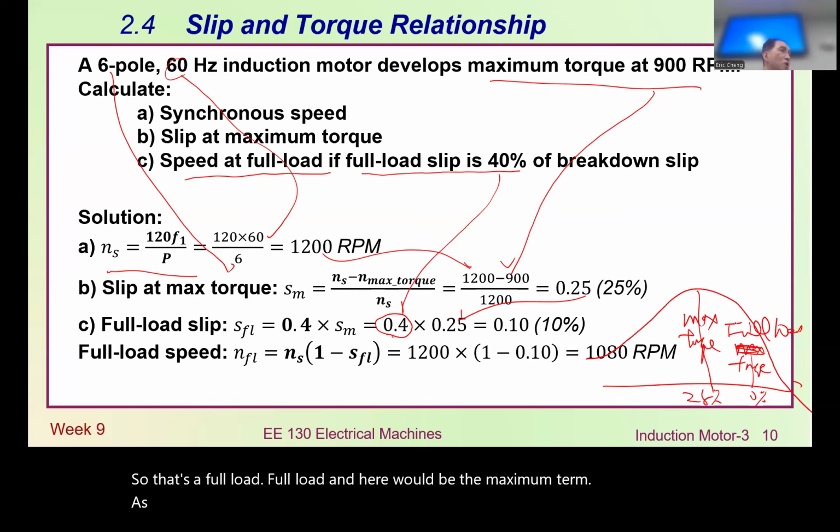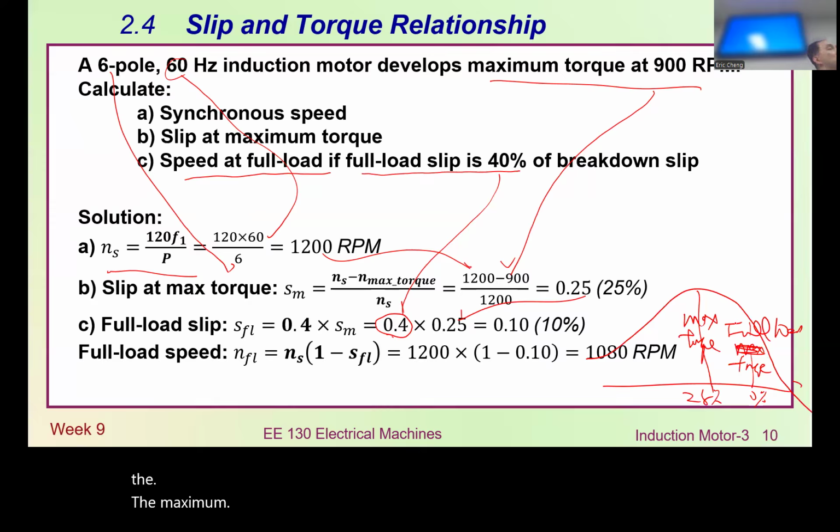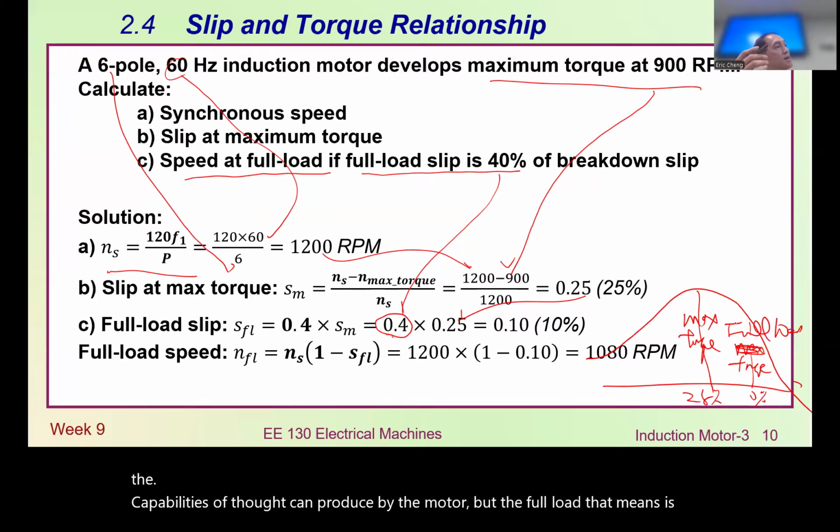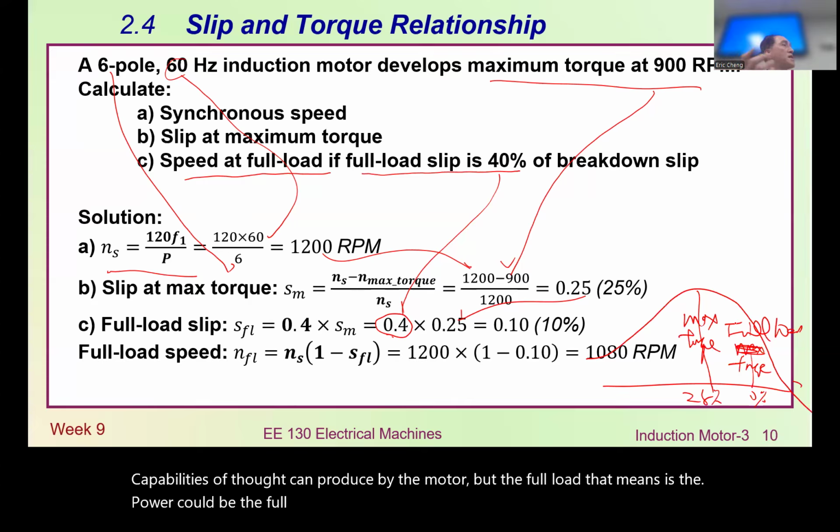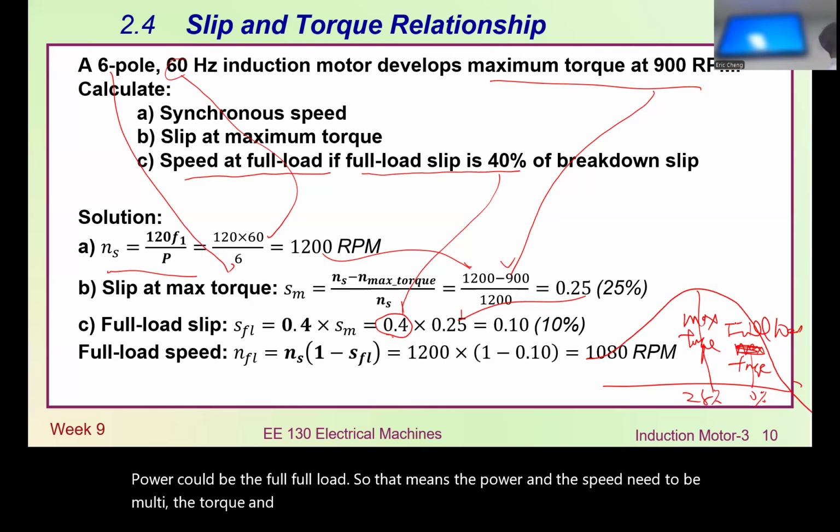As I said, the maximum torque doesn't mean it's the full load. The maximum torque is the maximum capability of torque that can be produced by the motor. The full load is where the torque and speed multiplied together give you the full power.